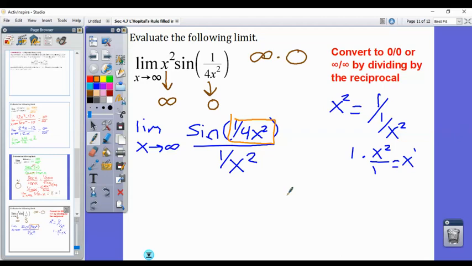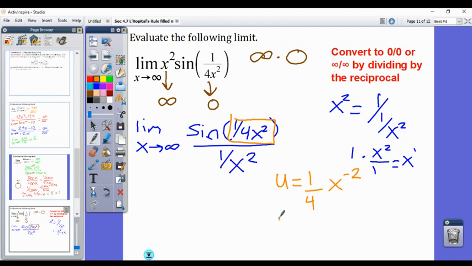Okay, so since we have 1 over 4x squared, essentially I am going to rewrite that as 1/4 x to the negative 2. Okay, so I'm bringing that up just because I like dealing with negative exponents rather than having to do the quotient rule.